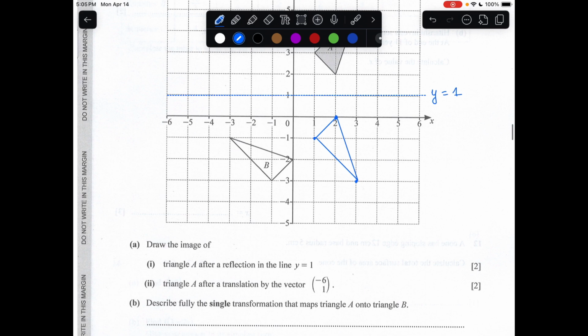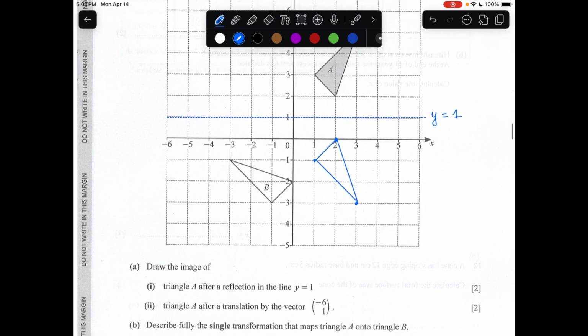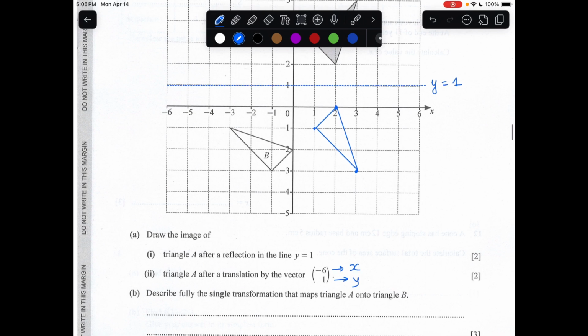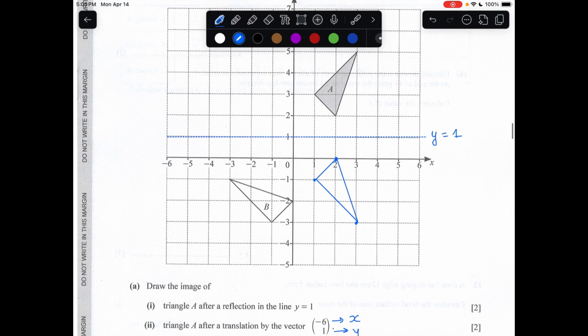Triangle A after translation by the vector negative 6, 1. So what does that mean? It means that you move to the left in the x direction and you move up in the y direction. The minus indicates you move to the left 6 units and you move up 1 unit.